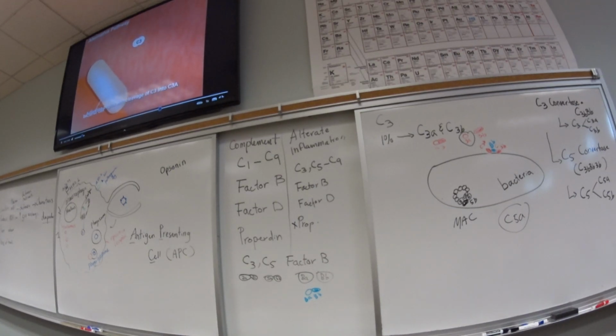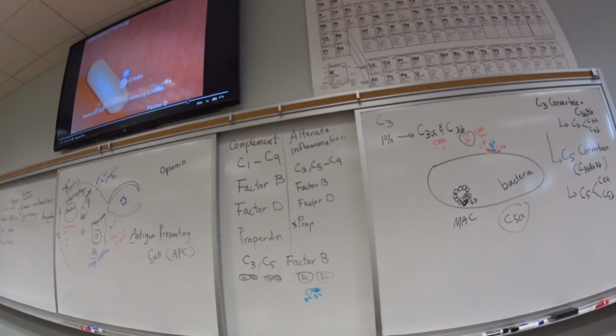Activation begins with cleavage of C3 into C3a and C3b, either spontaneously or via a blood protein. C3b binds to foreign substances. Factor B, a blood protein, attaches to C3b and is cleaved into two fragments, Ba and Bb, by factor D, forming C3bBb.